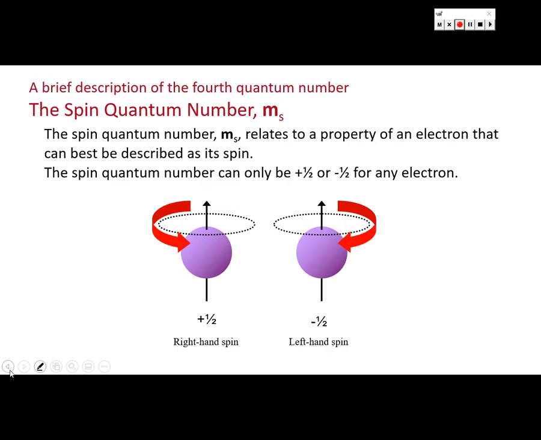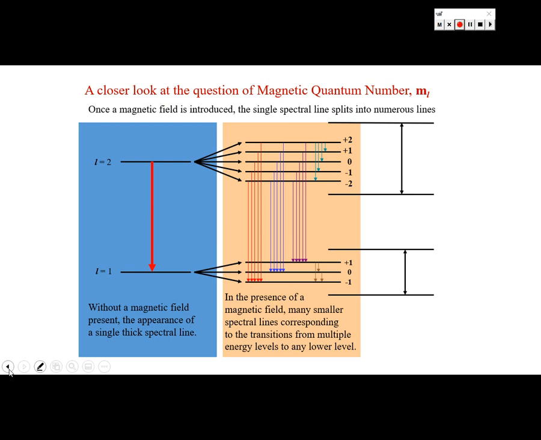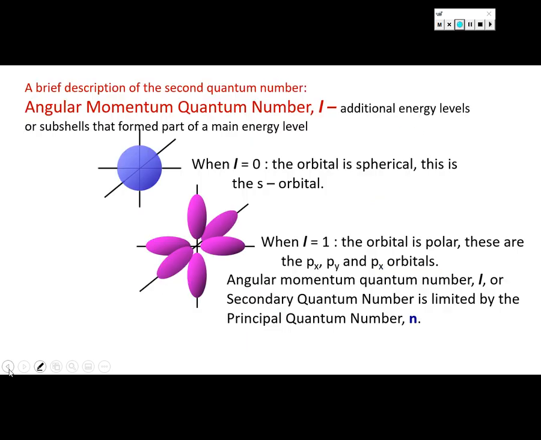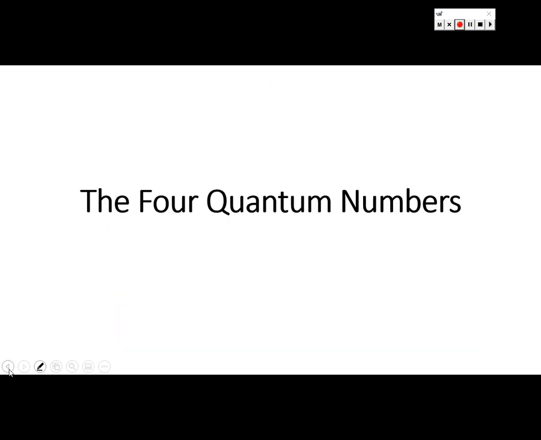We are going to use numbers and letters in order to represent atoms. So the first thing we're going to do is the 4 quantum numbers. Then tomorrow we're going to look at electron configuration and energy level diagrams. So like I said, it's kind of a continuum, and it's all going to go together.